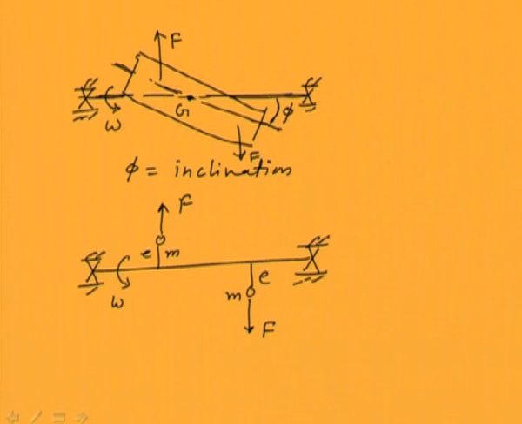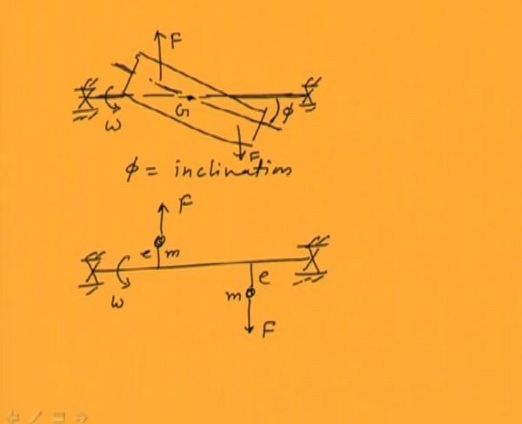Because we have considered the center of gravity on the center of rotation, there is no centrifugal force coming from there, but because of the inclination we are getting a couple. So this particular unbalance is sometimes called couple unbalance. This is one form of the dynamic unbalance.